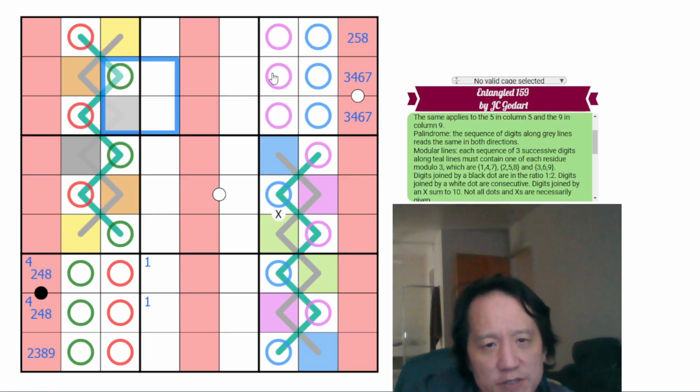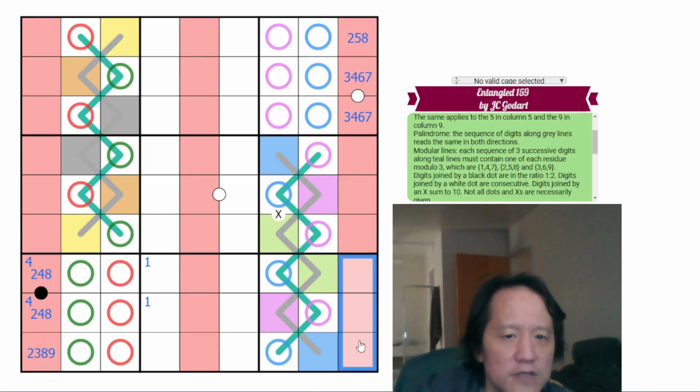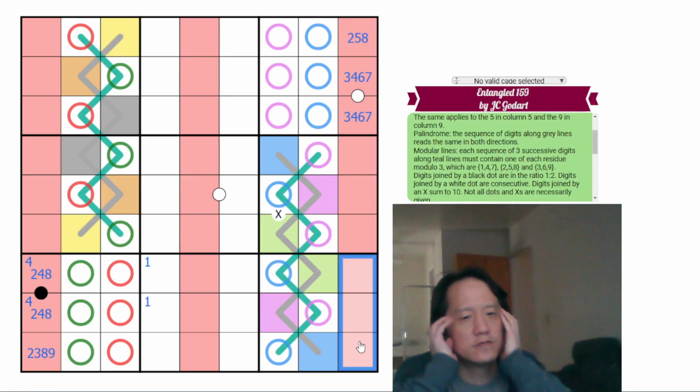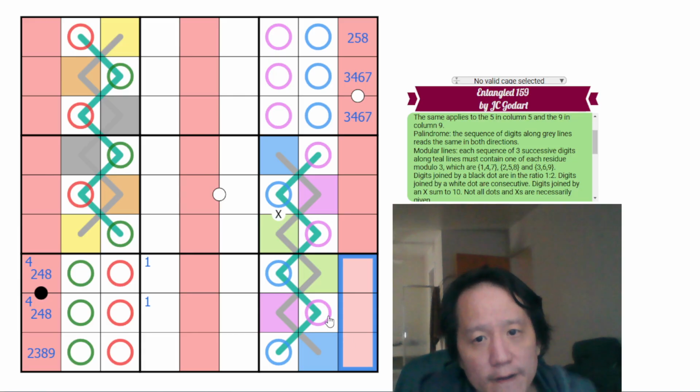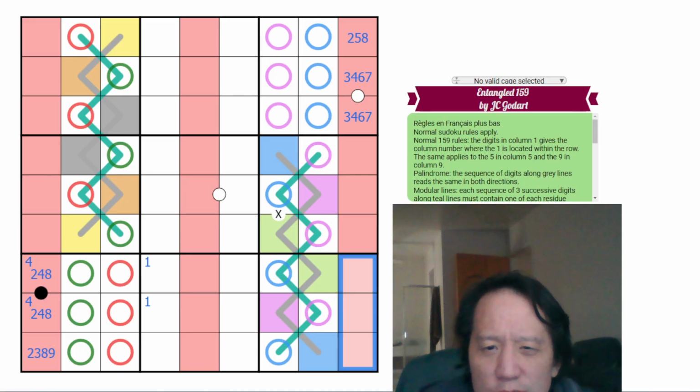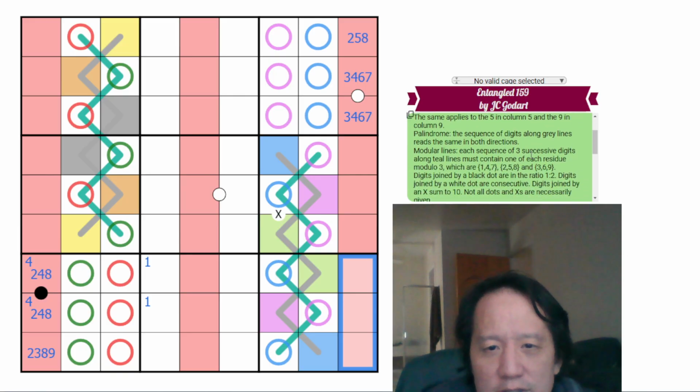We're not sure about this 9. This can't be 9. So one of these is 3 or 6. The other one is 9. Okay. Do we have any other rules? No, it doesn't look like it.